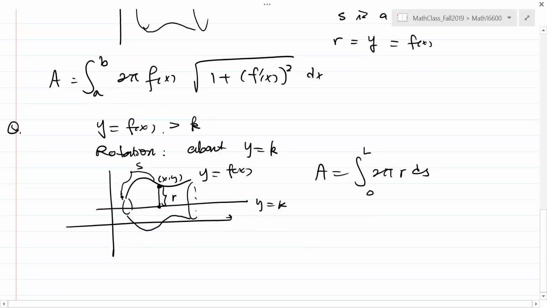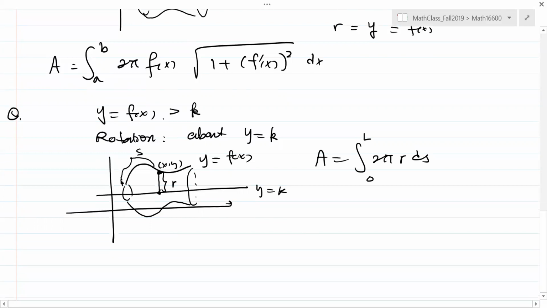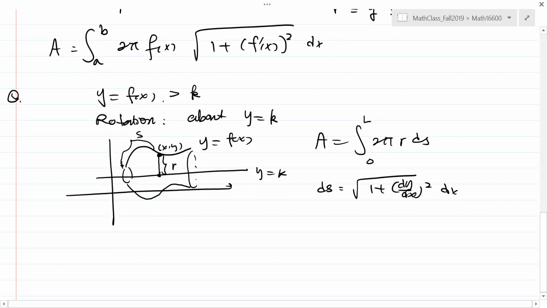So s is a function of x, but it's complicated. But what we know is ds is going to be square root of 1 plus dy over dx squared. I don't have a specific formula for s, but you can find out that s is a function of x.